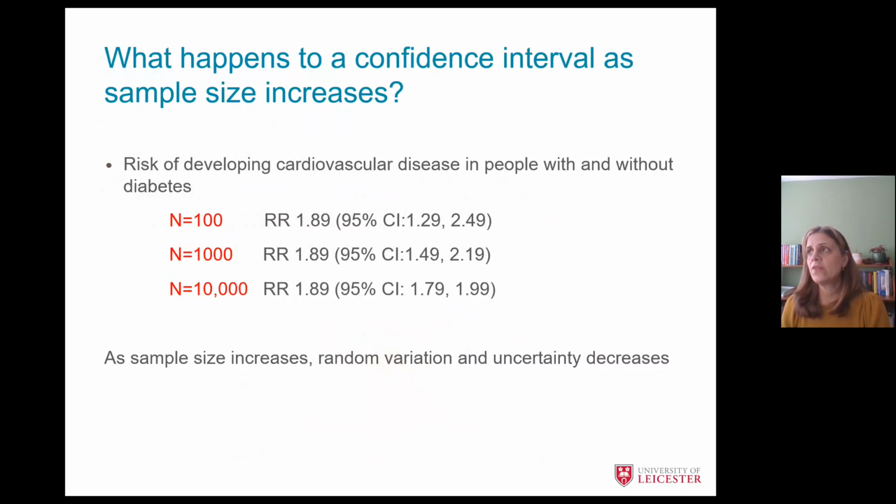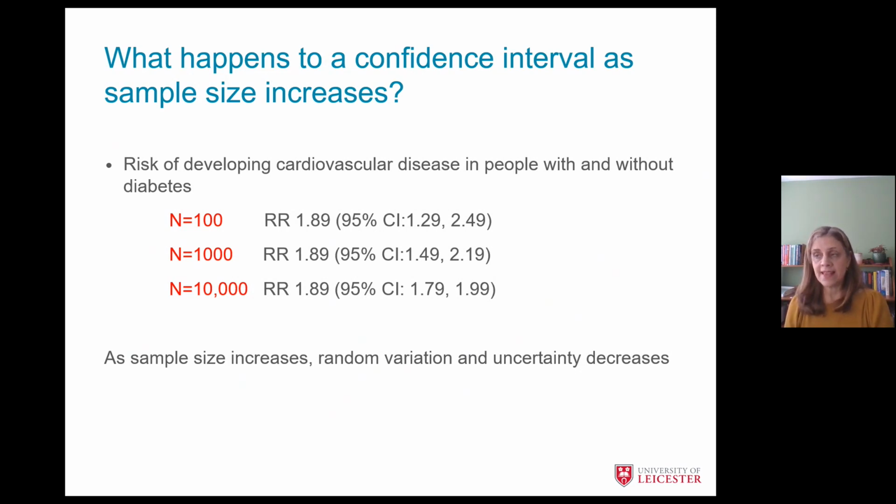So let's try to explain that in a bit more detail and think about how sample size might affect the confidence interval. Here we've got an example where we were looking at the risk of developing cardiovascular disease in people with and without diabetes. So do people with diabetes have a higher risk of developing cardiovascular disease? The study was carried out with 100 individuals and a relative risk was found of 1.89.